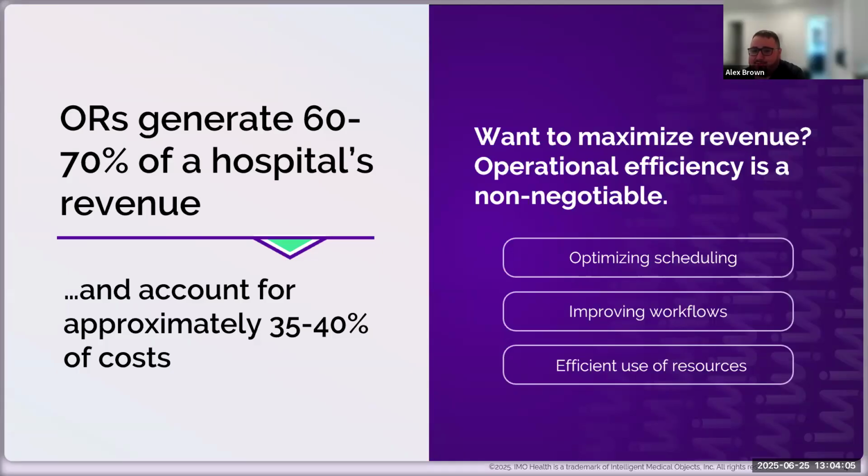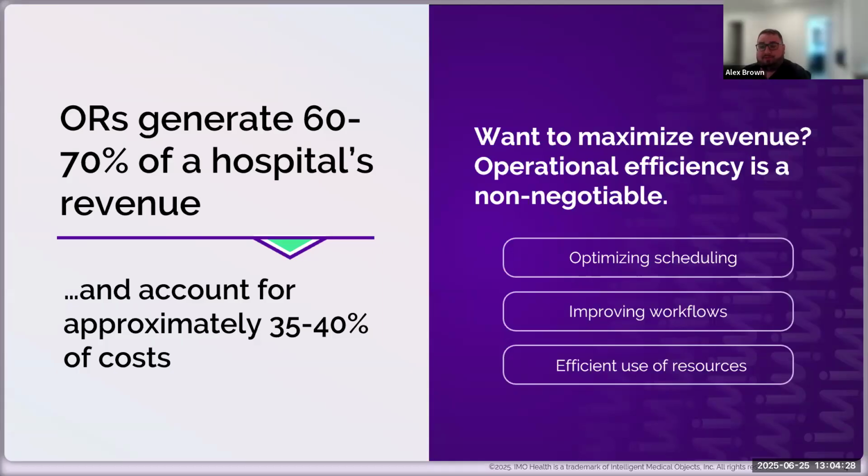It means that anything we can do that brings efficiency into this space can have a major impact on the financial health of the organization. So we look at how we can optimize scheduling, improve workflows, and make things more efficient down the entire stream inside of the EHR, the surgical EHR.